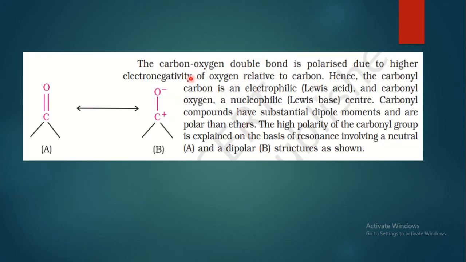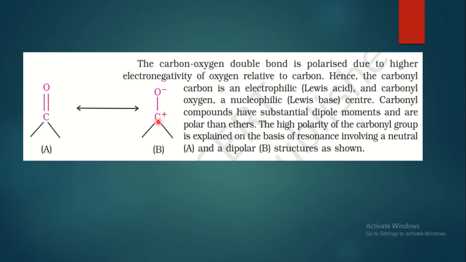Next, the carbon-oxygen double bond is polarized. That means it is due to higher electronegativity of oxygen. First of all, if you don't know the meaning of electronegativity, let me tell you. The character through which an atom wants to gain electrons. Between carbon and oxygen, both are actually non-metals, but oxygen has a higher electronegative character as compared to carbon.